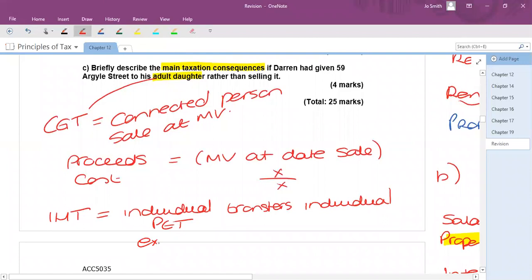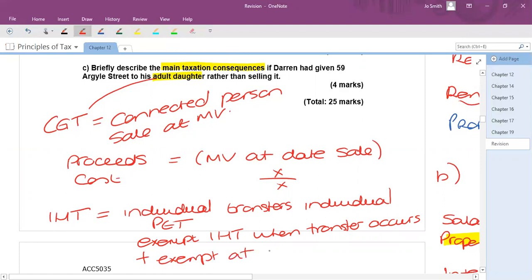And that means it's exempt from IHT when the transfer takes place, and it's exempt at death if the transferor lives 7 years.